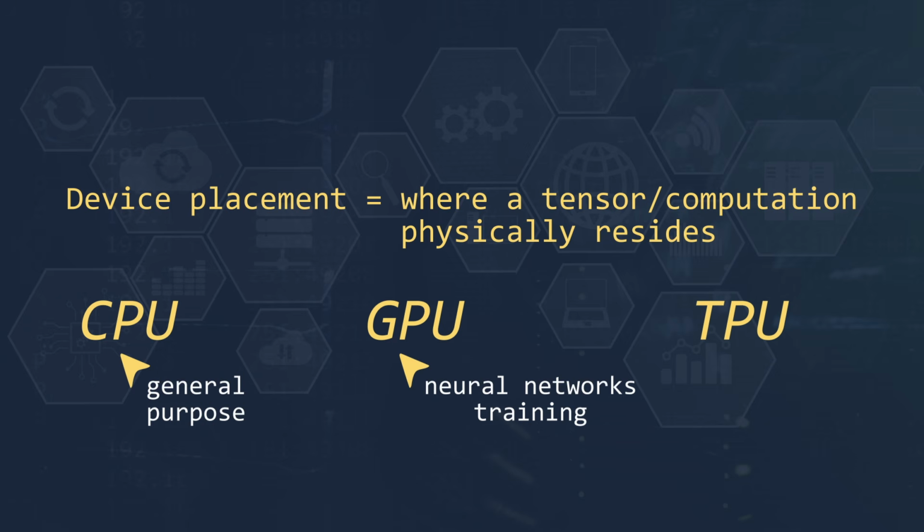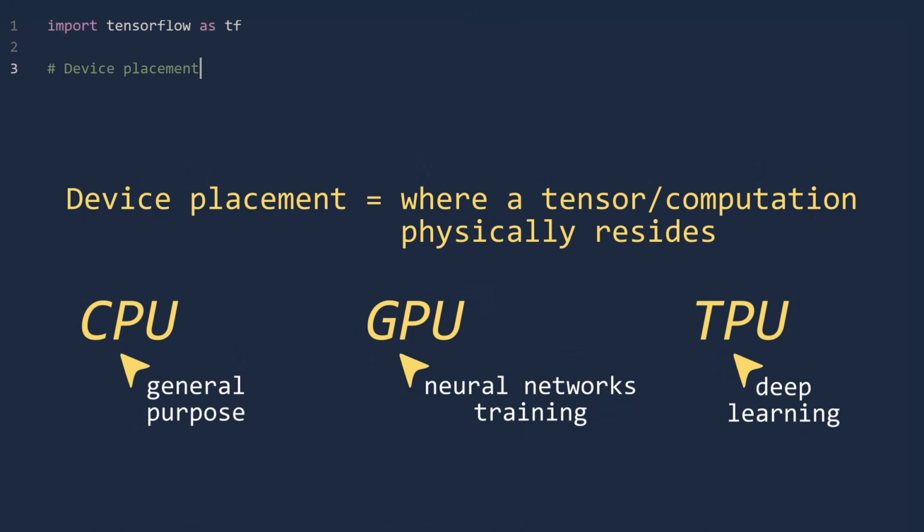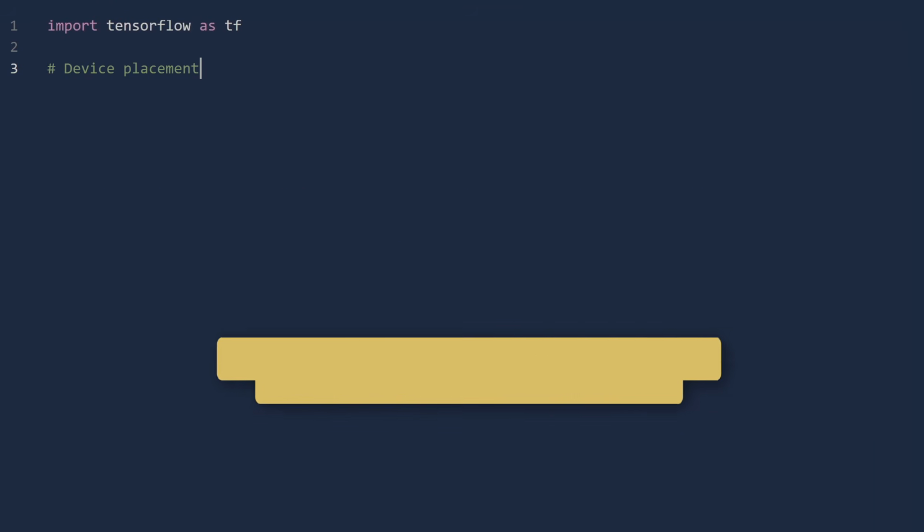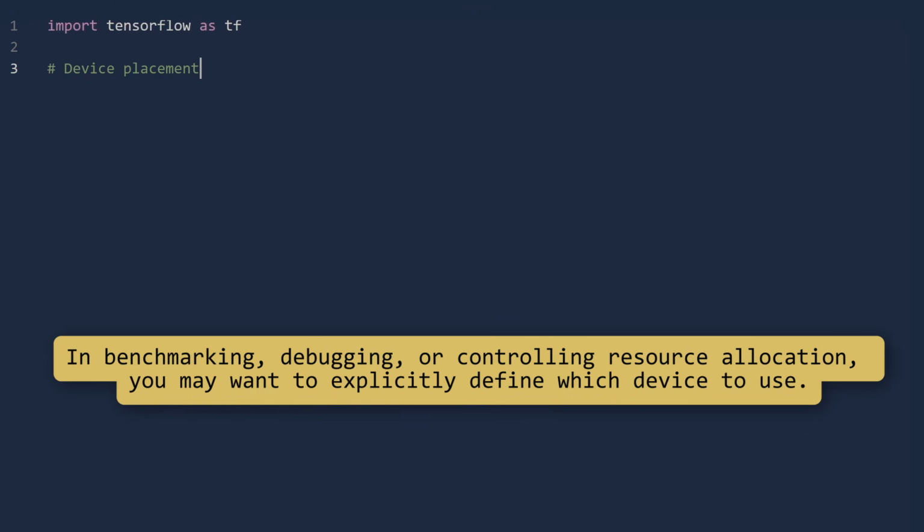TPUs are specialized for tensor operations, offering incredible speed for deep learning workloads. TensorFlow, by default, chooses the best available device for your tensors and operations, so you do not always need to specify. However, in certain cases, such as benchmarking, debugging, or controlling resource allocation, you may want to explicitly define which device to use.